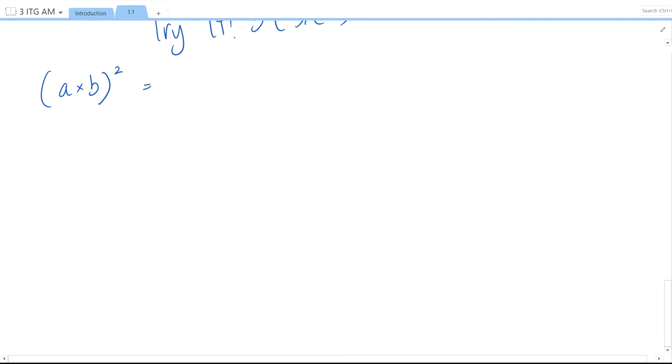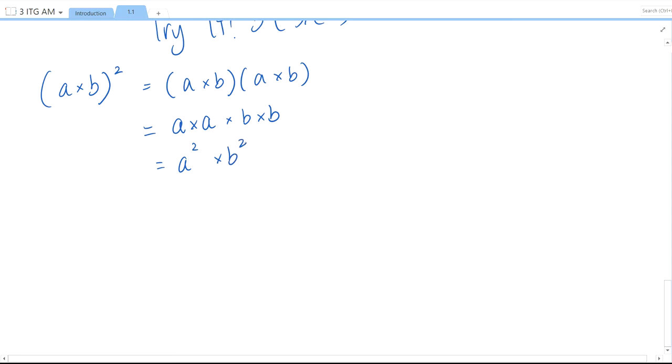This gives us a times b multiplied by a times b. And we know that we can expand this to give us a times a times b times b, which is simply a square times b square.